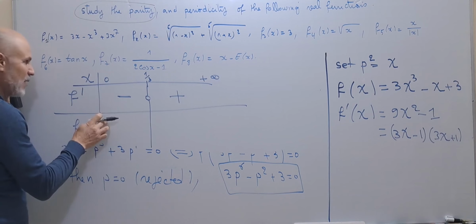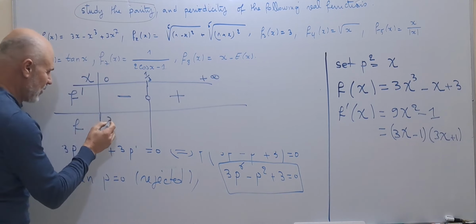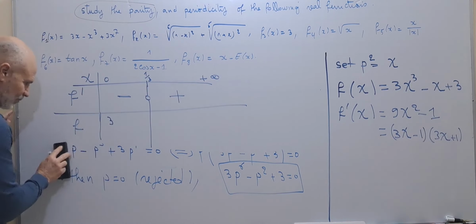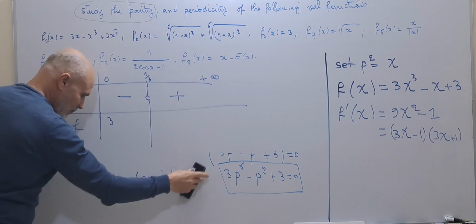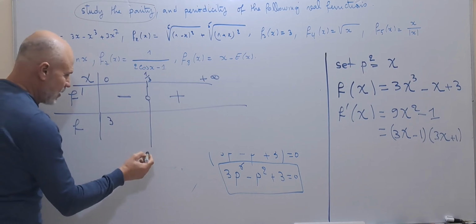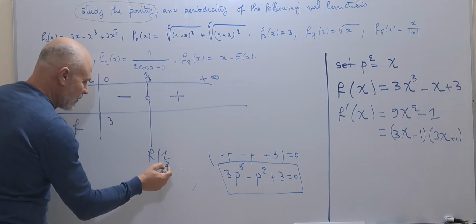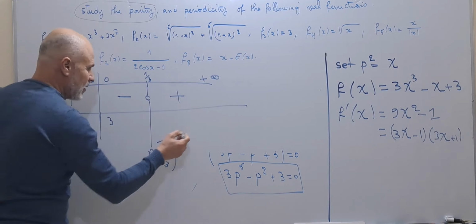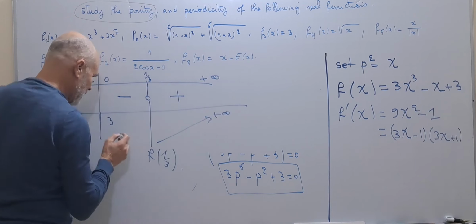F of 0 is equal to 3, and it is decreasing until f of 1 over 3, then it goes to plus infinity.